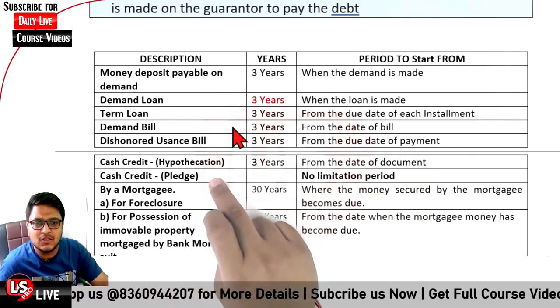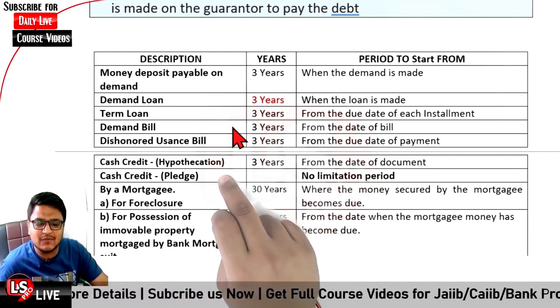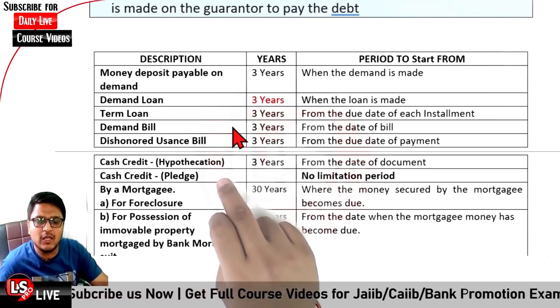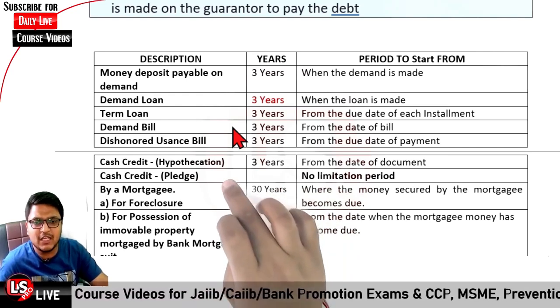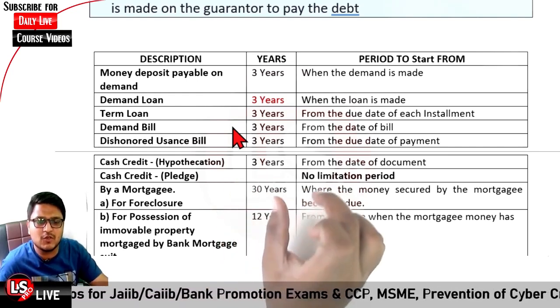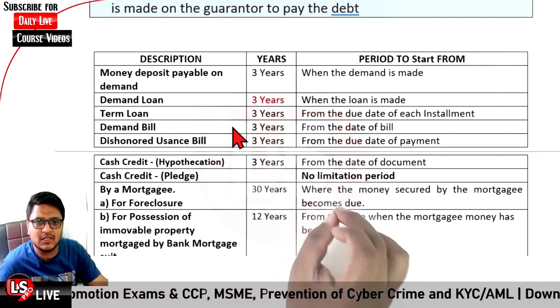When the charge is a pledge, we have already learned that no limitation period applies, because in a pledge the possession of the goods is already with the creditor.